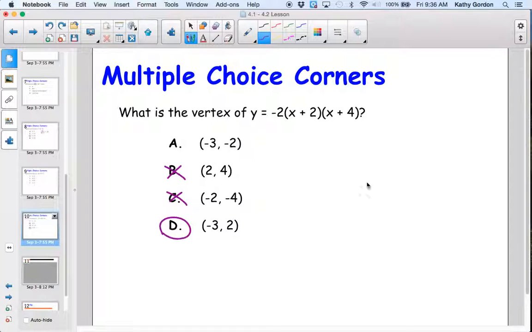So it's a -2 and a -4 that we're adding together, dividing by 2 to get the -3 for x. All right? And then when we substitute that in, we end up with the +2 for y. Okay? Does that make sense? All right, good. Have a seat.